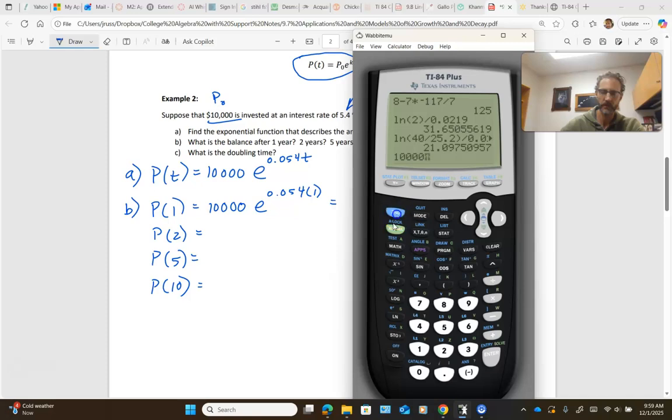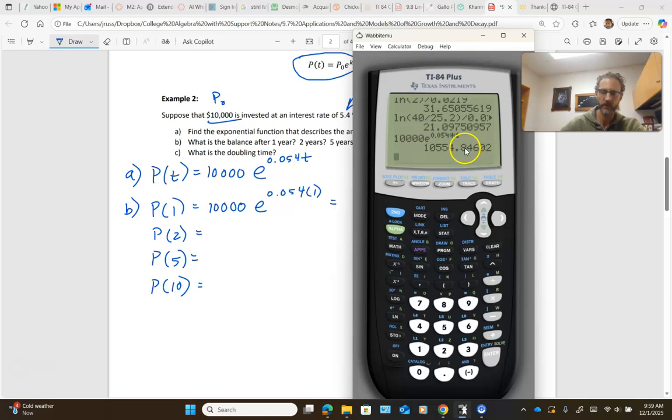Second, the natural log key to get your e, and then up here we're going to have k, 0.054 times, and we'll plug in these different values of t, times 1, we'll hit enter, and we'll round these to the nearest cent.